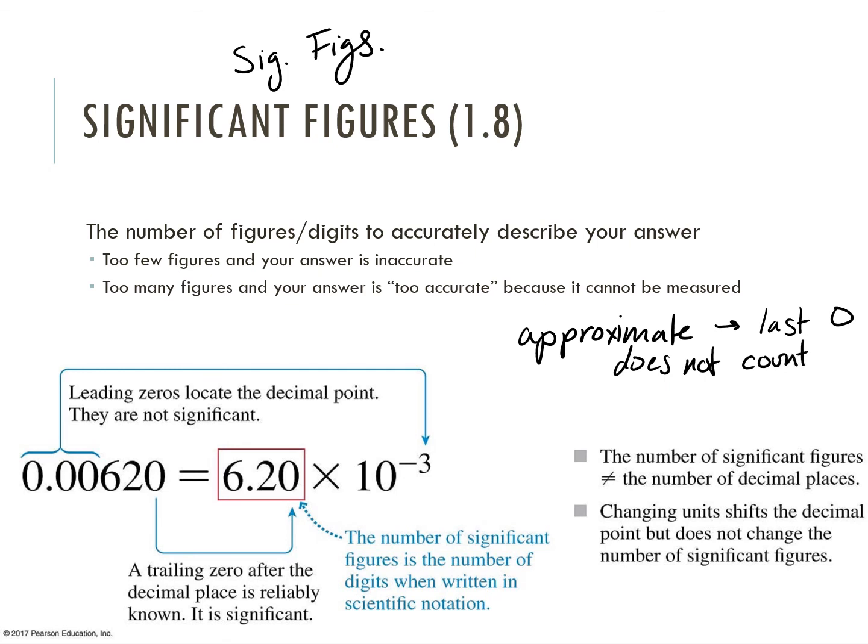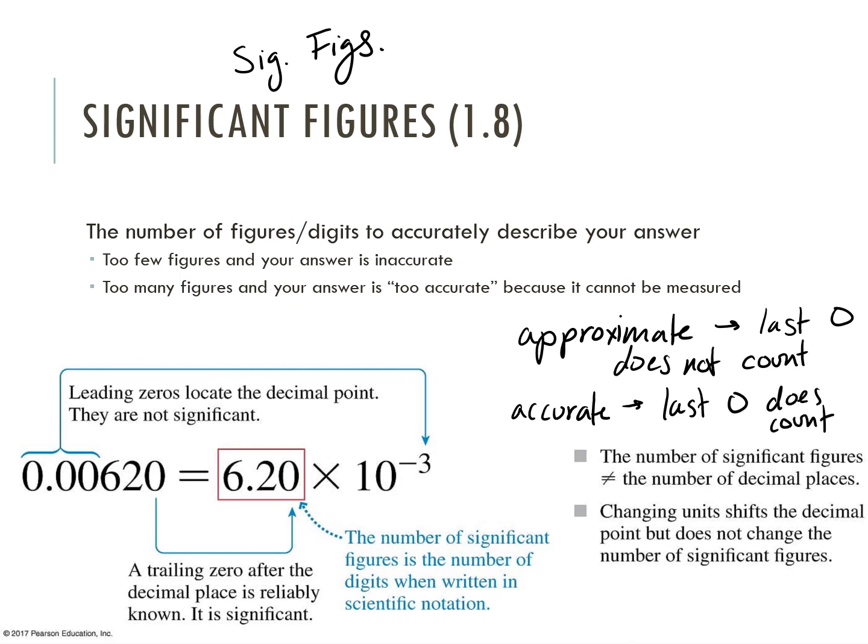If you see something in the text down here that says reliably known or accurate, or accurately or anything like that, the 0 or last 0 does count.